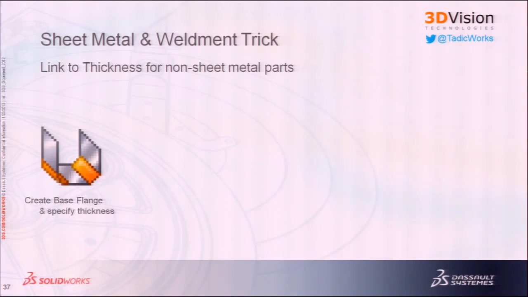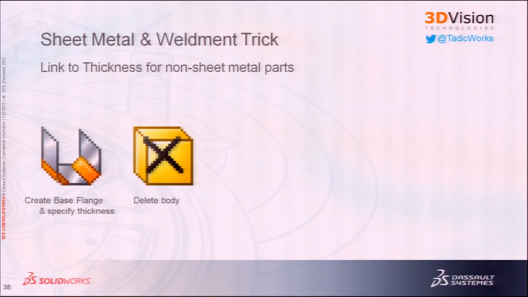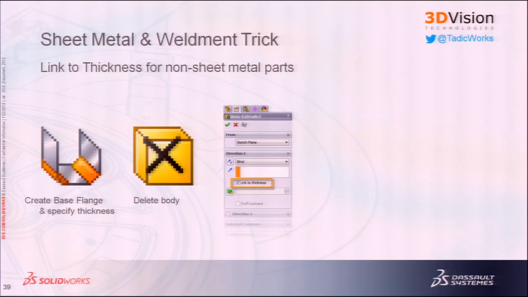Now, there's a trick here: you can insert a sheet metal feature and then delete that body. So you're tricking SolidWorks into thinking your part file is a sheet metal part file. The benefit of that is when we have a sheet metal part file, we have this little check mark called link to thickness. That becomes activated when SolidWorks thinks you have a sheet metal part file.